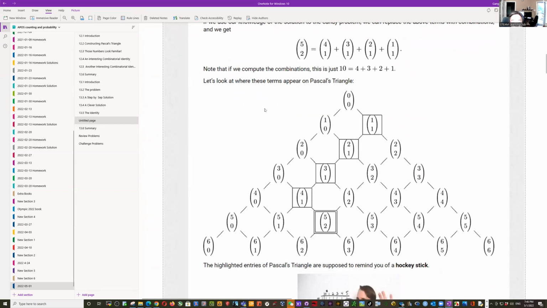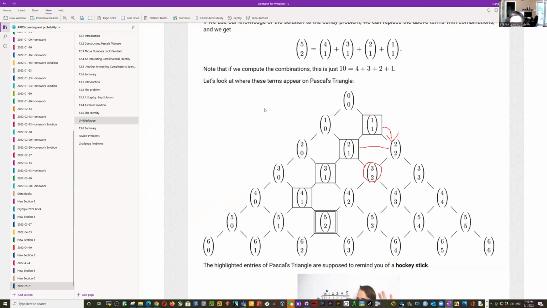So 5 choose 2 is actually equal to 1 choose 1 plus 2 choose 1 plus 3 choose 1 plus 4 choose 1, because 1 choose 1 will be replaced by this. So it looks like a hockey stick this way, but if you flip this number to be here, then those two numbers will add up to this number.